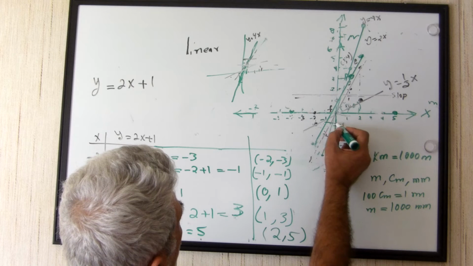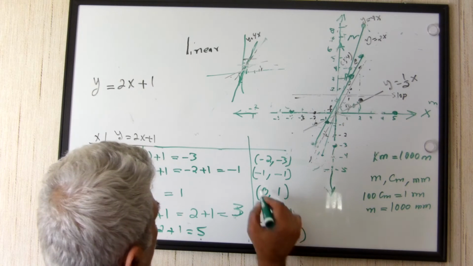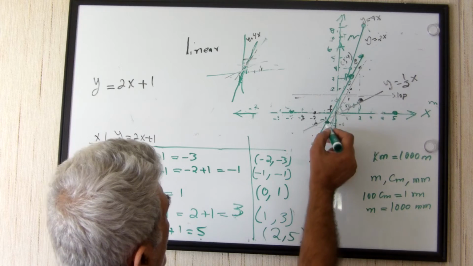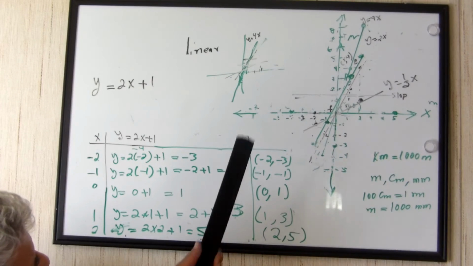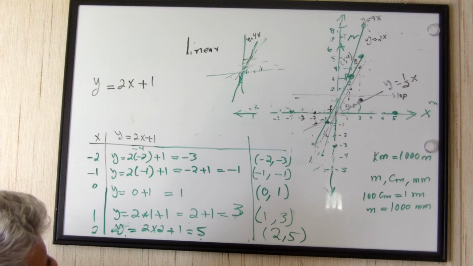Actually, this is going to be another point, right? It's minus 1. And see, all these points are along the line.